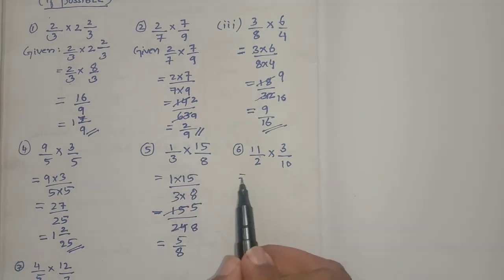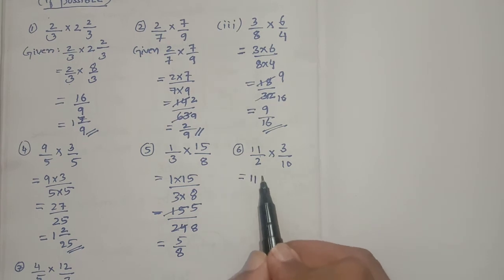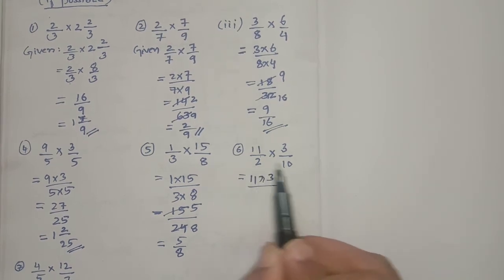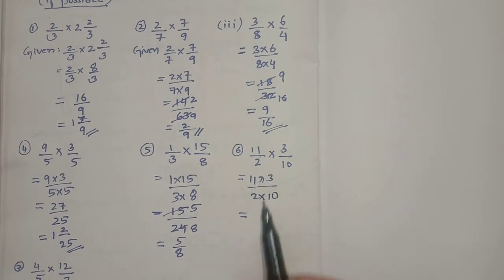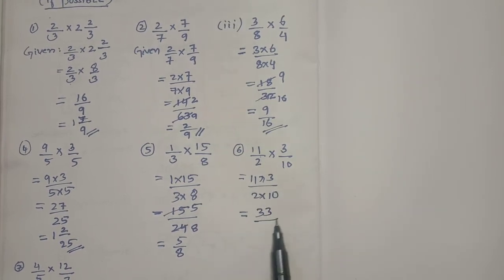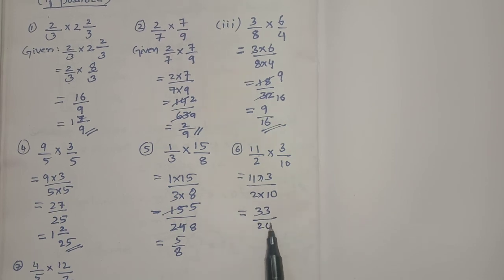Next, student, next question. 11 into 3, numerator into numerator, 2 into 10, denominator into denominator. 11 3s are 33, 2 10s are 20.